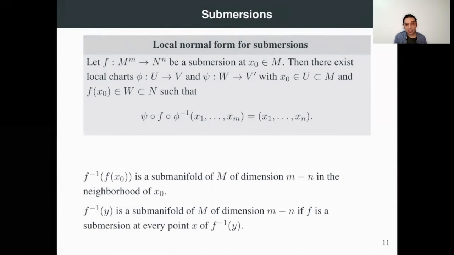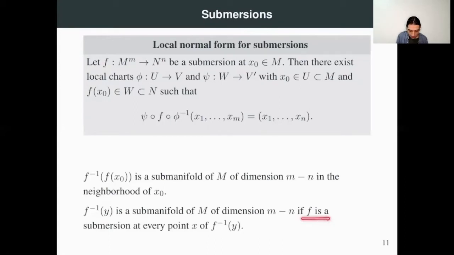So we just need to require that f is a submersion at every point x in the preimage of y. If these things happen, then the preimage of y is a submanifold of M of dimension m minus n. Okay?